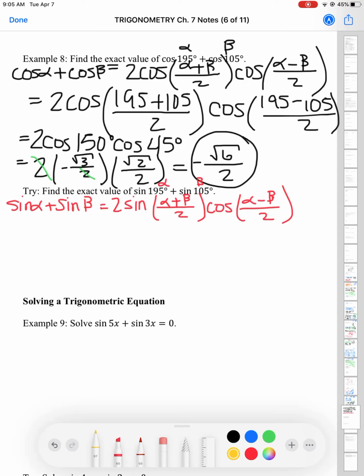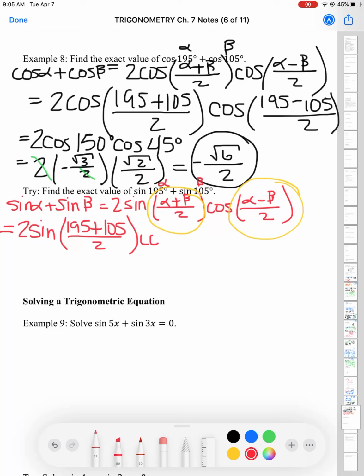And we've already done a little bit of work here because we know this value and this value from example 8. I'm going to plug it in just to show you guys. So this would be 2 sine of 195 plus 105, divided by 2, times cosine of 195 minus 105, divided by 2.